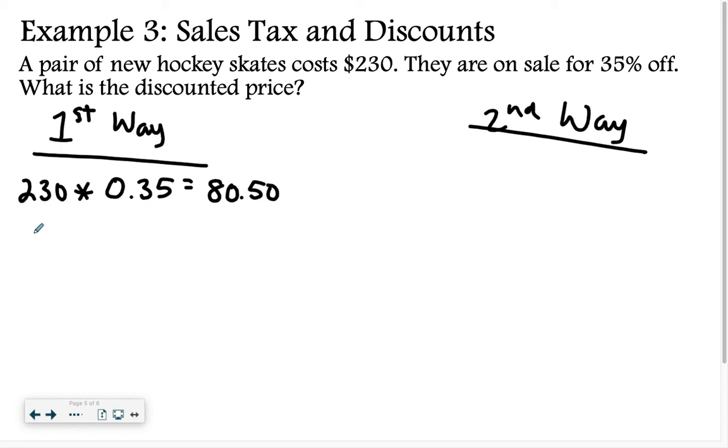So then I would take the original price, 230, minus $80.50, and I am left with $149.50. So I did the original price minus the discount.